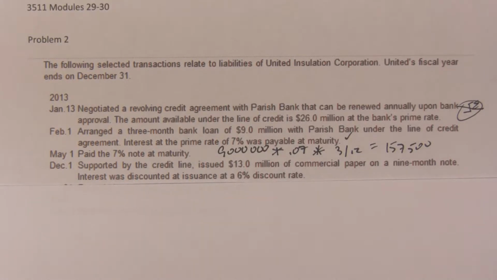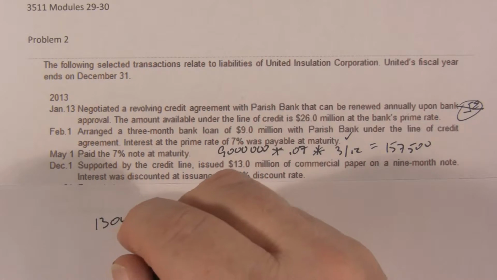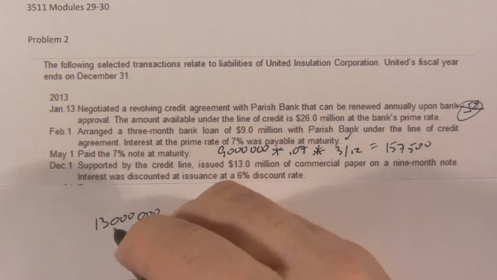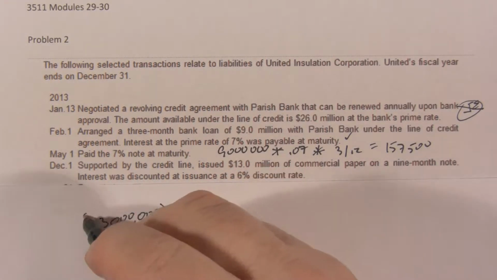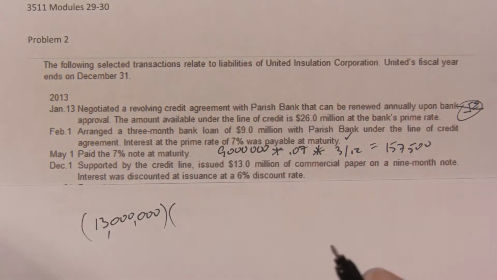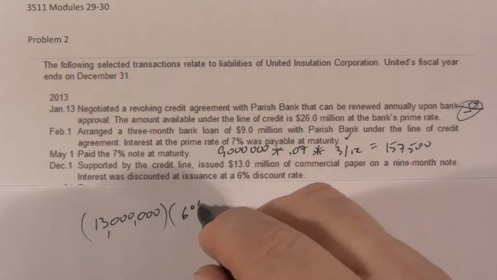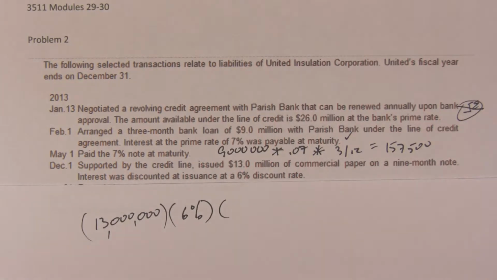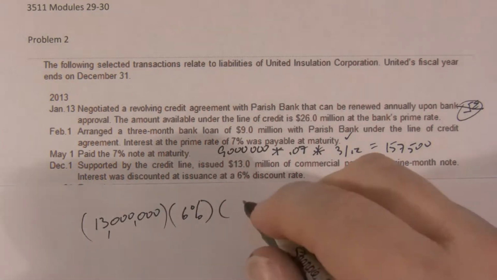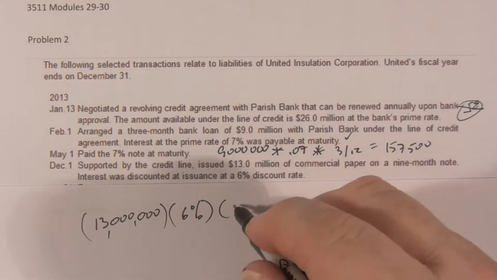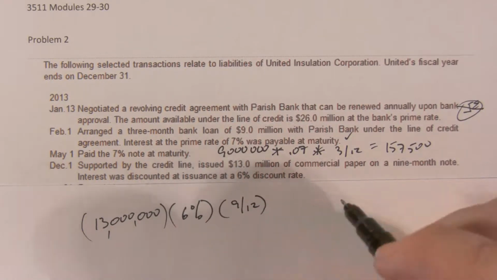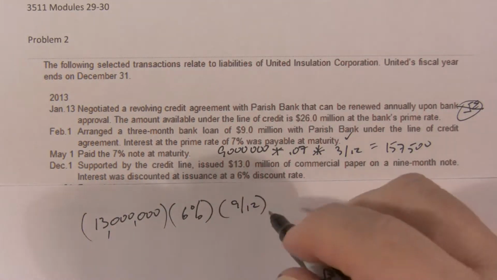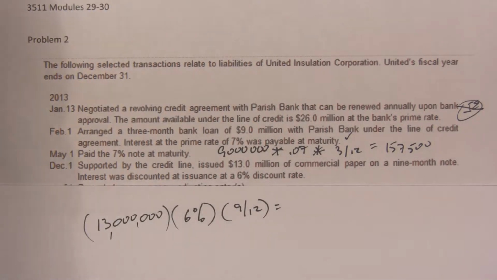We have to figure out what that lesser amount is. That's 13 mil times 6% times 9/12. Remember, with a discounted note, you're paying all the interest up front. So let's work it out.